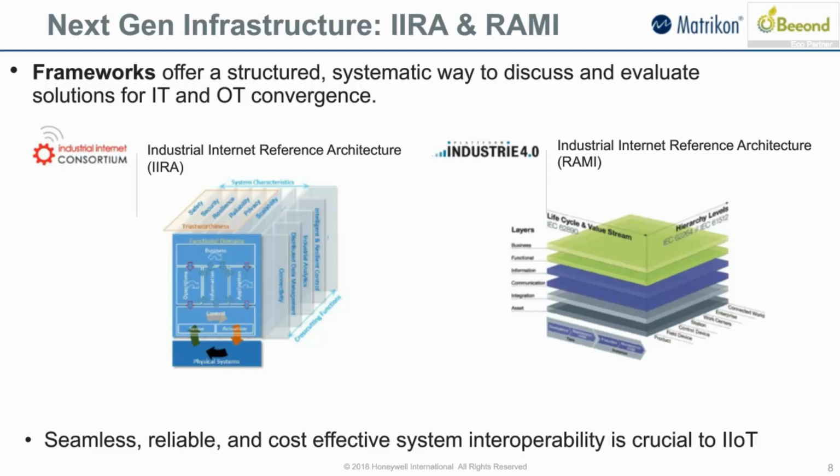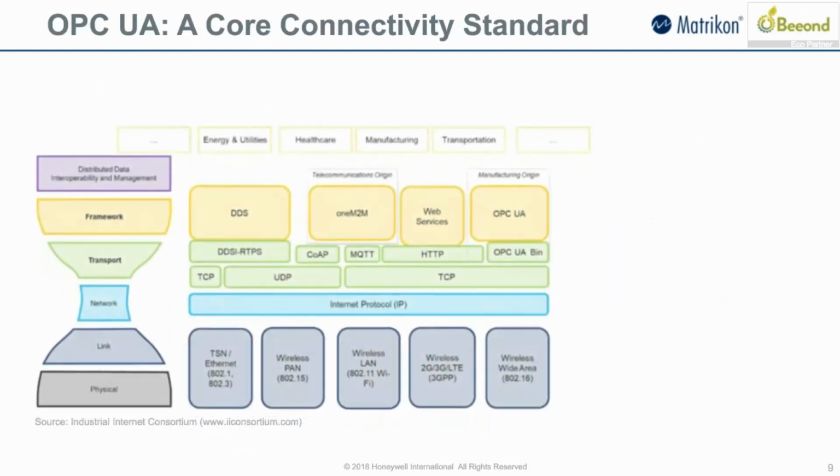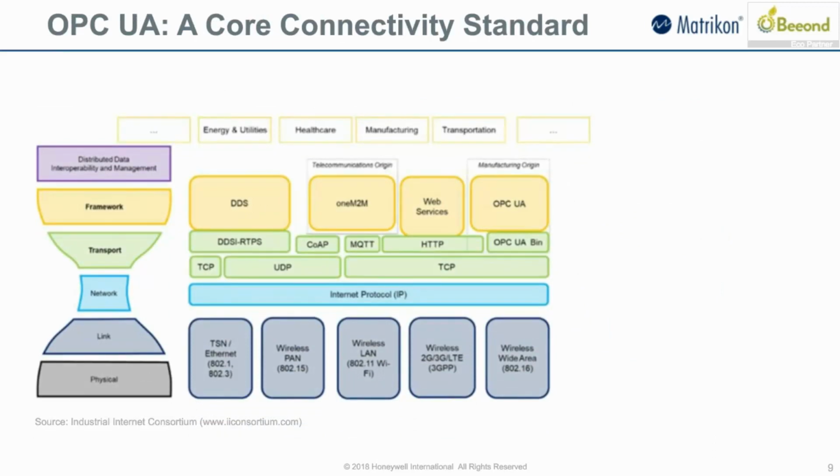All right, so given that there's this broad introduction with how many core standards there are and how important the connectivity is, here's a quick snapshot. This is taken right out of the IIC's reference architecture. So here are the standards that they've identified that are important.